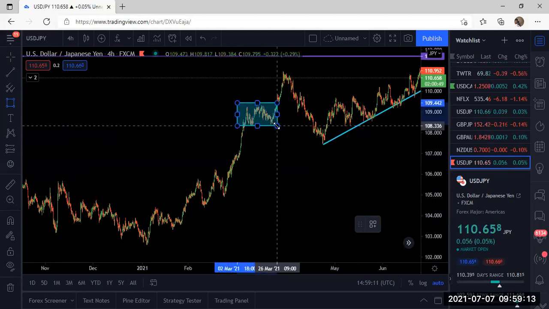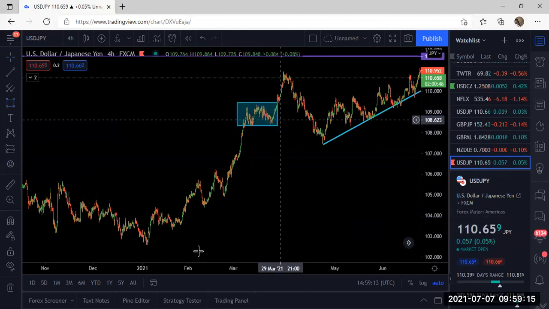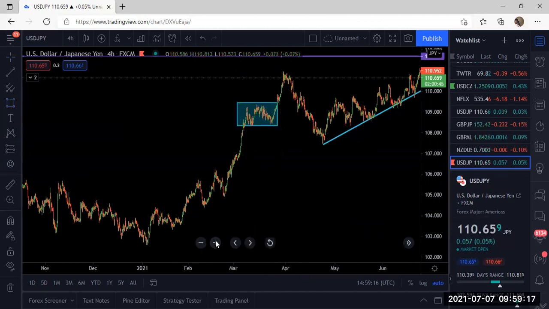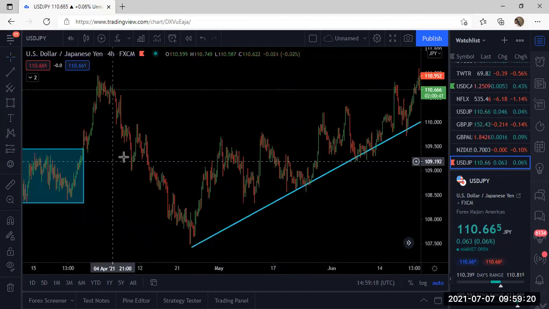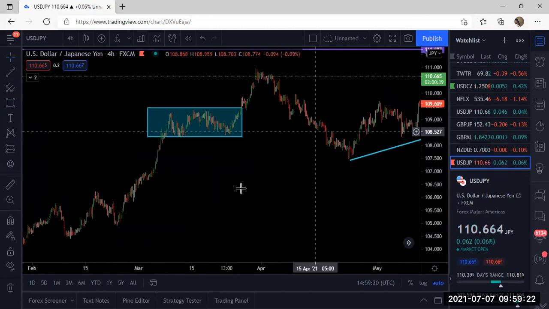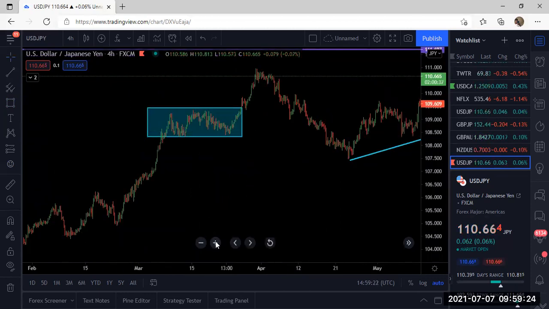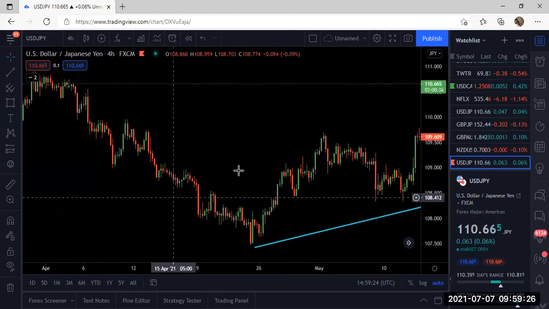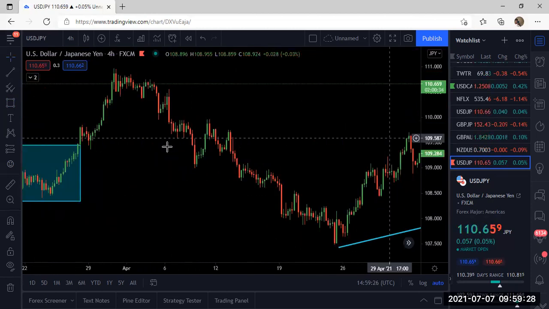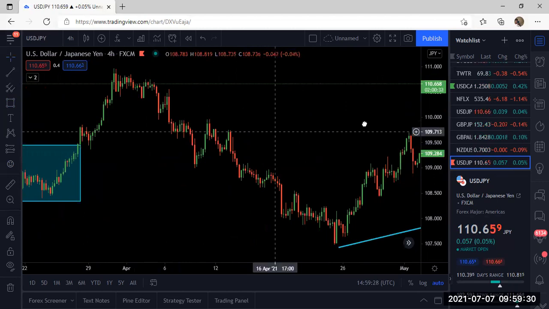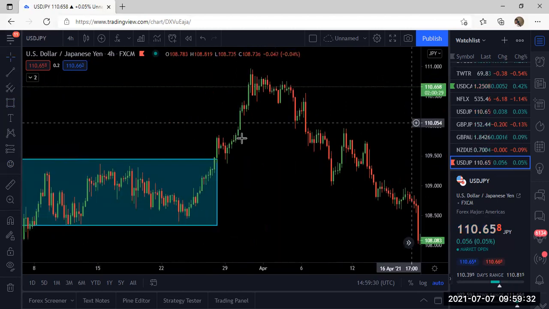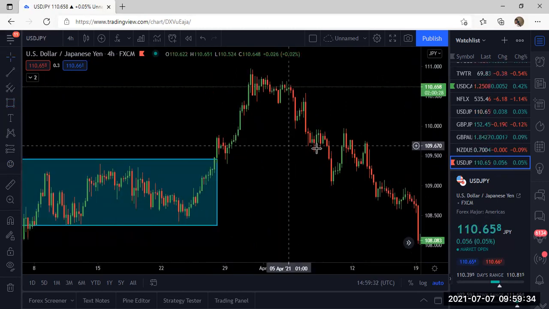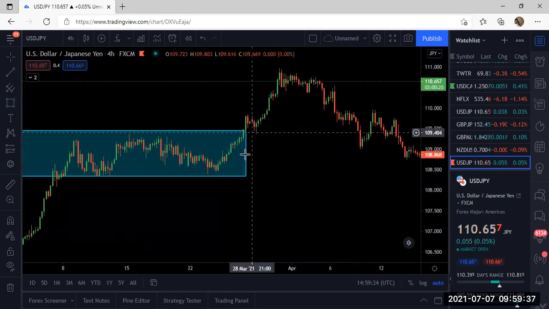And I like to mark that box with a certain color that I'll know. After that box is marked, sorry, it's lagging a little bit, I don't know why. Yeah, after that box is marked, I look for an entry.